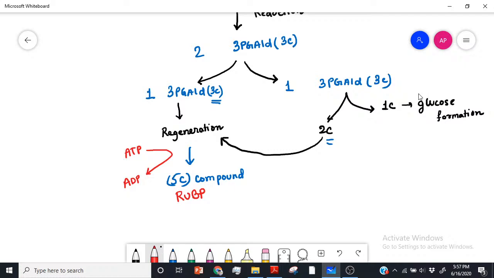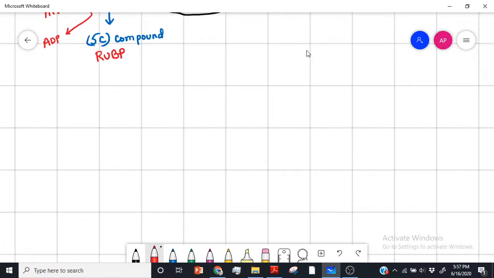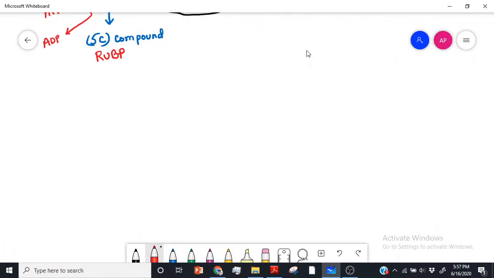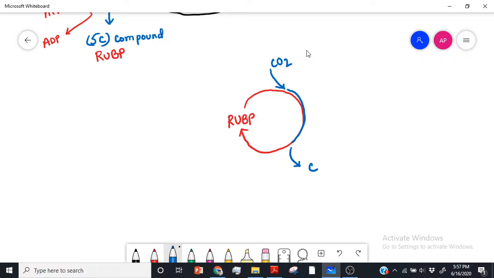So if that is the idea, then we can simplify the cycle as this. We can simplify the cycle as RuBP is here. Now RuBP is again getting regenerated into RuBP here, and somewhere down the line over here CO2 is entering this flow, and somewhere else one carbon is coming out, and RuBP is regenerated.